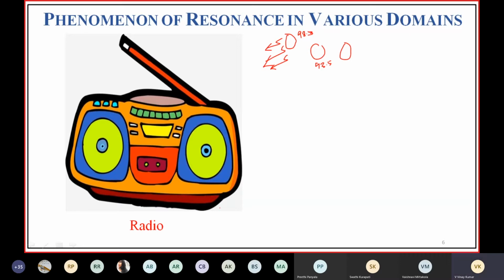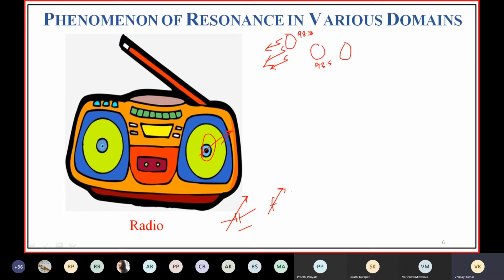In radio, we're going to have a series RLC circuit. Changing this knob means indirectly you're changing the value of capacitance, and in turn changing the frequency.